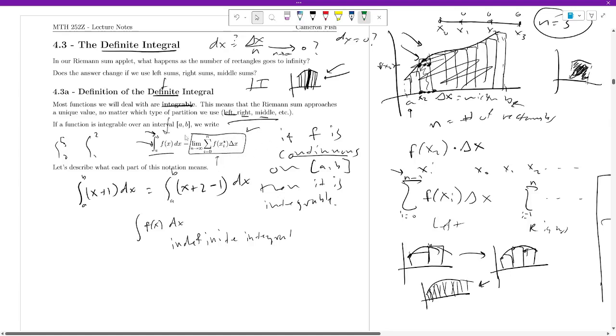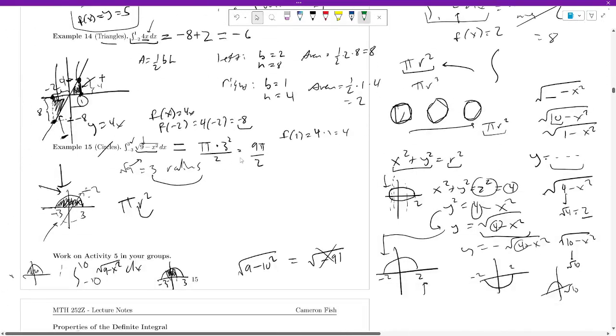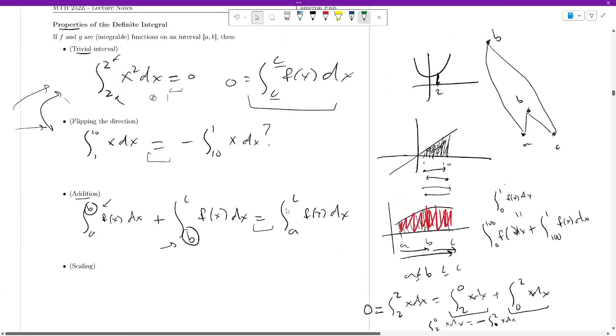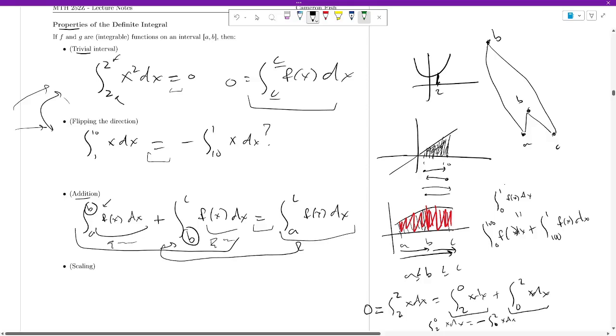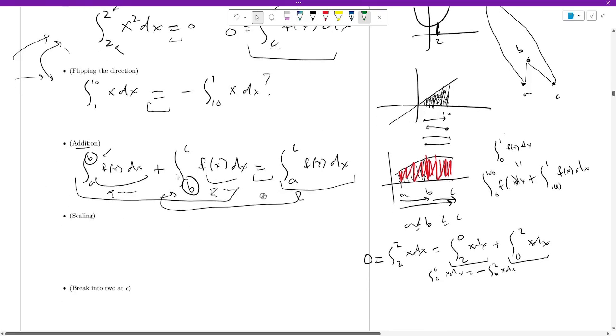And you can prove that what pops out are these right hand side rules. Like, what is this? Well, turn this into the Riemann sum, turn this into the Riemann sum, and then do a bunch of annoying math and algebra, and it'll turn out that this is what comes out on the right side. That's kind of what I mean by properties: interesting things that you can prove from what you start with. This class is not about proving those things, but about using those things.